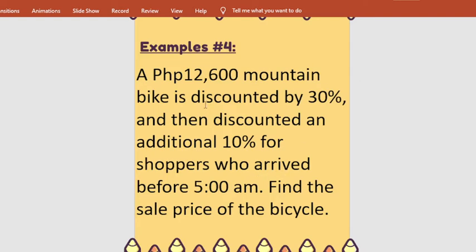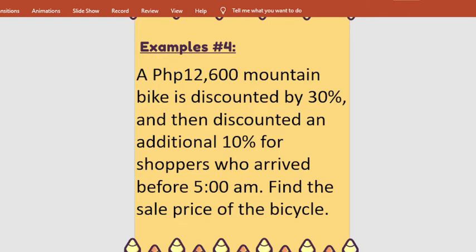So, ibig sabihin, yung dalawang beses siya nagkaroon ng discounted price. Okay? So, first is 30%, another is 10%, dun sa mga customers niya who arrive before 5 a.m. So, ang aga. So, hinahanap nito yung sales price.